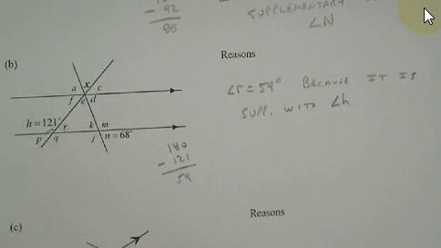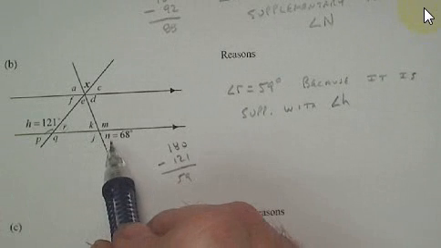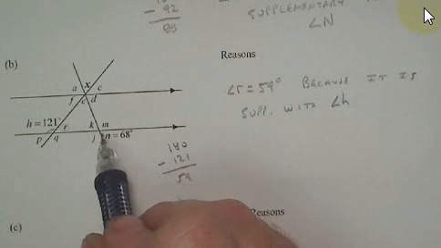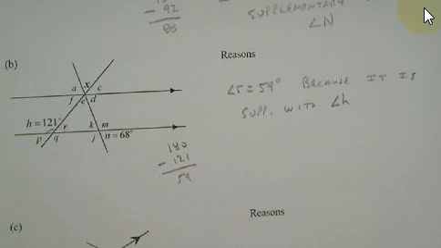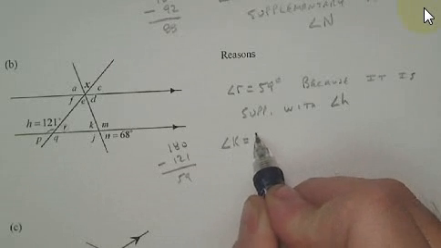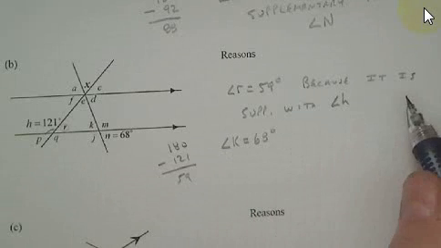It's 59. If I head over here to this other given that N is 68 and I can see that it has a relationship with K that's called vertical, we're going to state that K is also 68 because vertical angles are congruent.